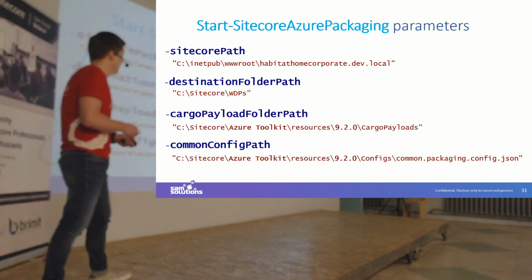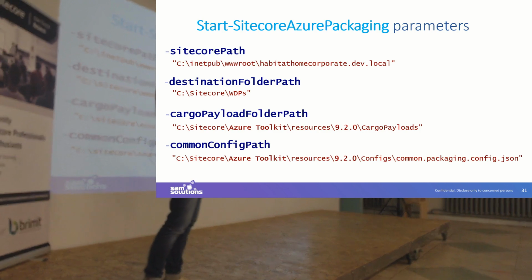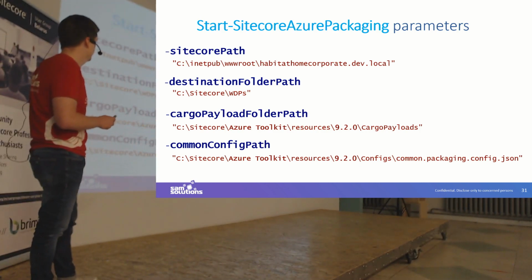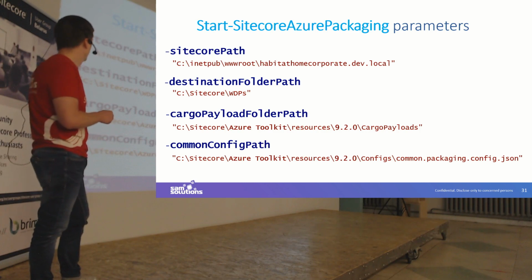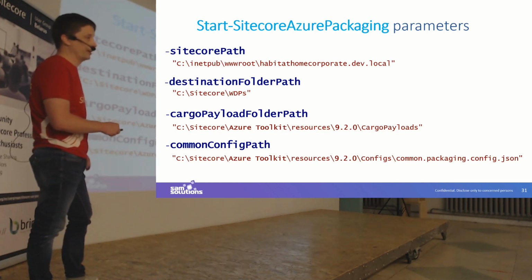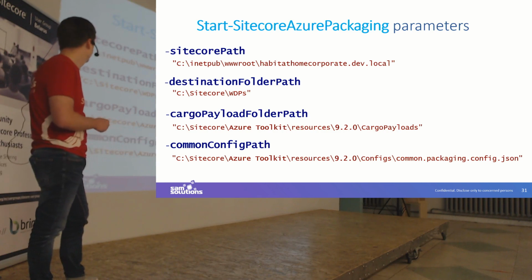But some parameters are required to run this PowerShell command, so briefly, we're going to talk about it. The first one, Sitecore path: we need to provide the real website root of our local Sitecore environment.